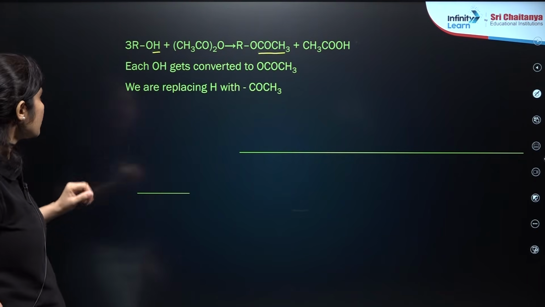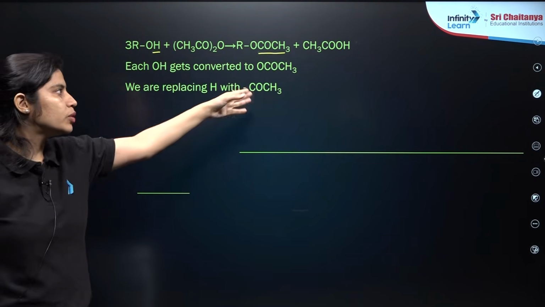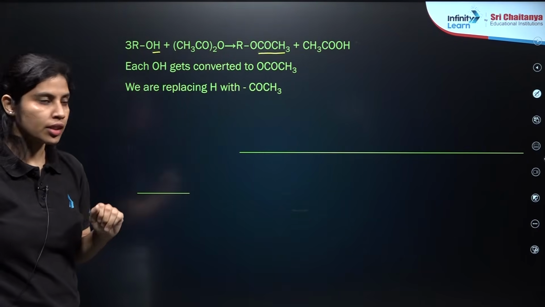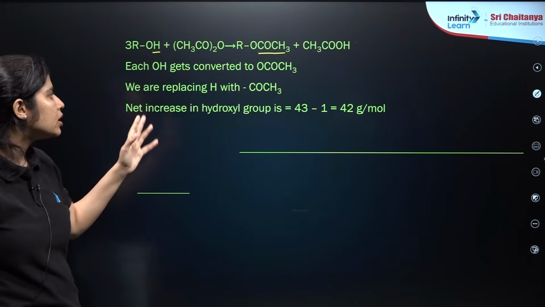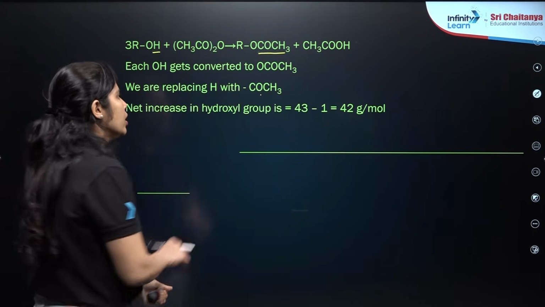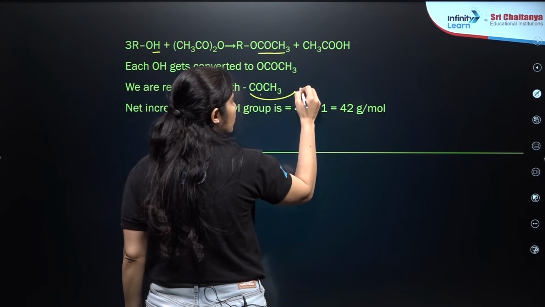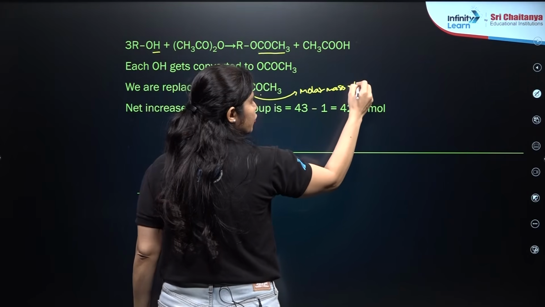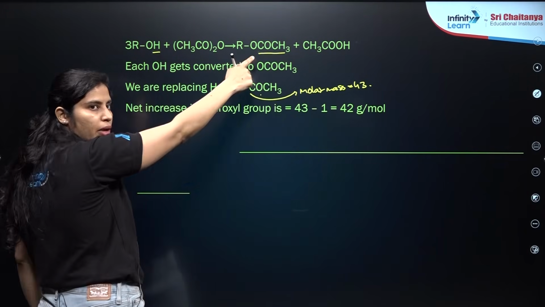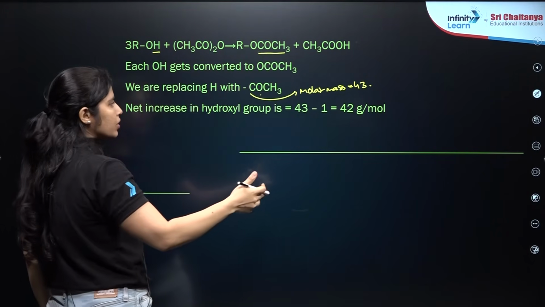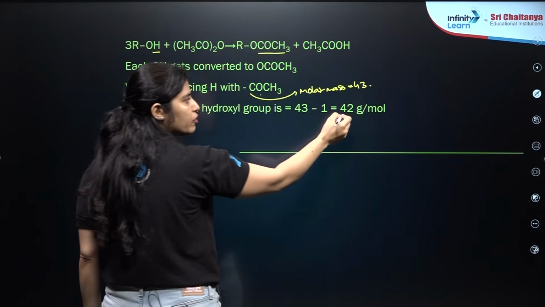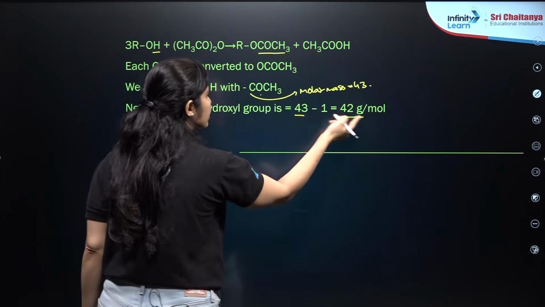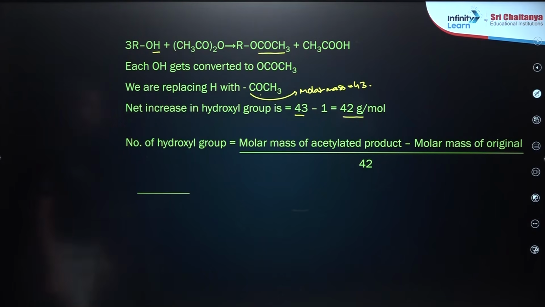We are replacing hydrogen with COCH3 to make it absolutely clear. What is the molar mass of COCH3? It is 43. That means for this compound, the increase per hydroxyl is going to be 42 grams, because 43 minus 1 is 42.